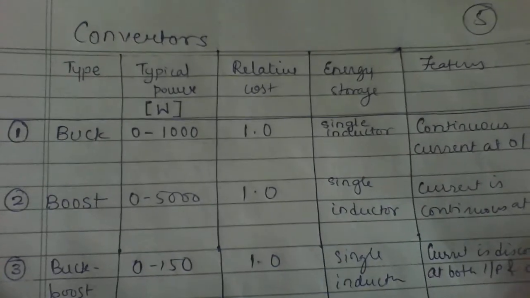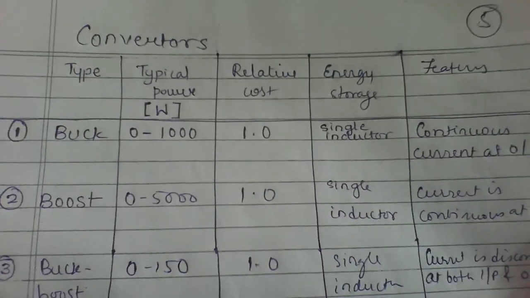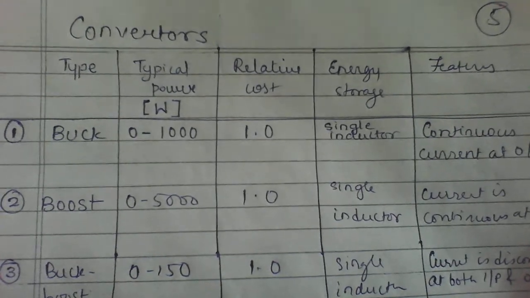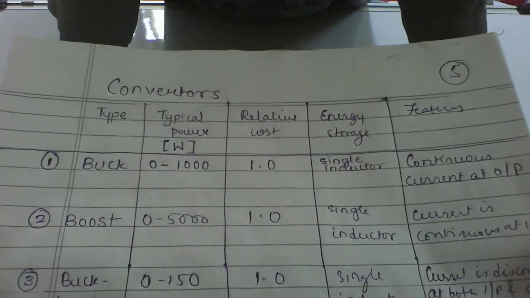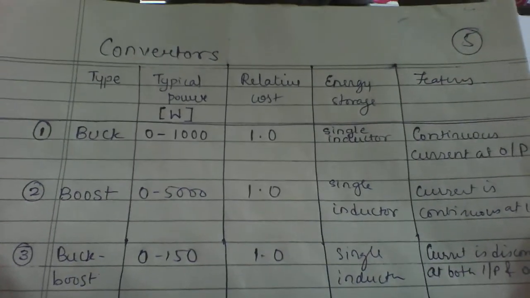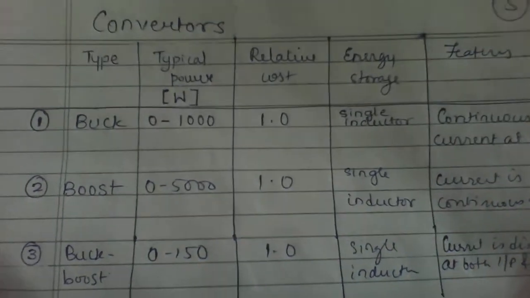Second is the boost converter, which has a power rating of 0 to 5000 watt, a relative cost of 1.1, an energy storage of a single inductor, and the current is continuous in the output.